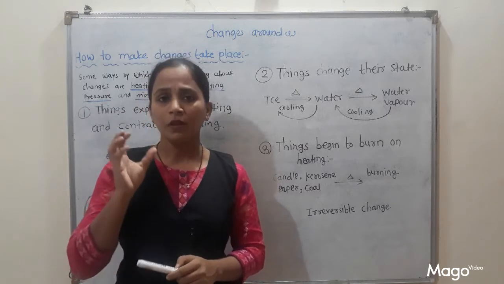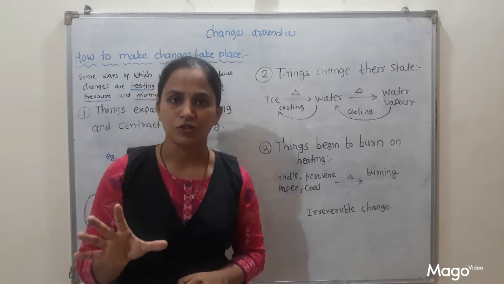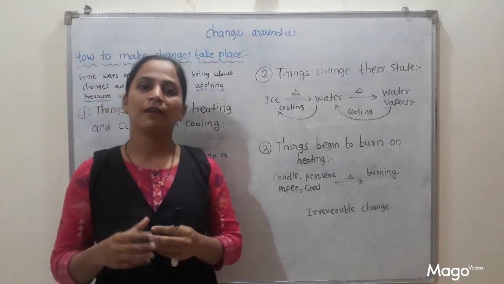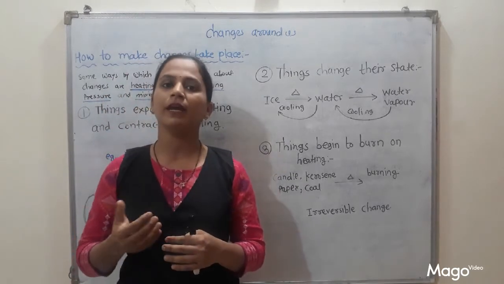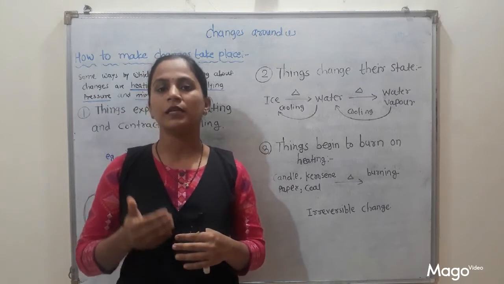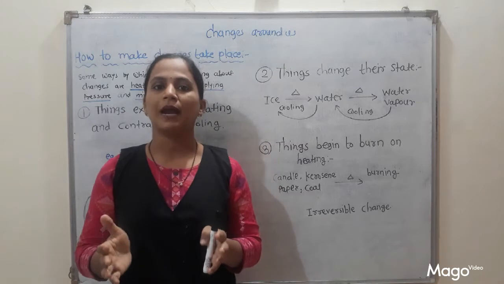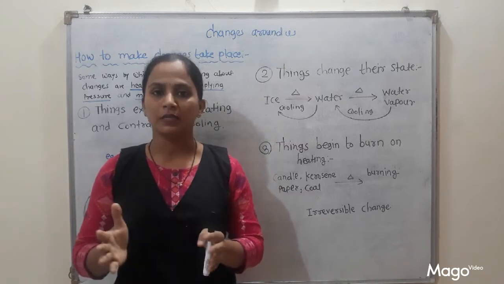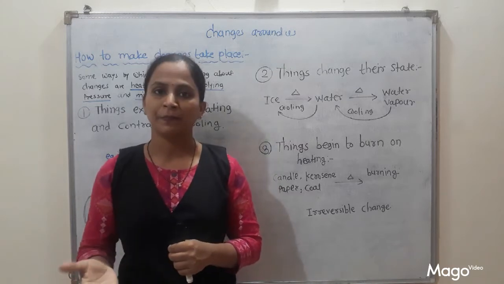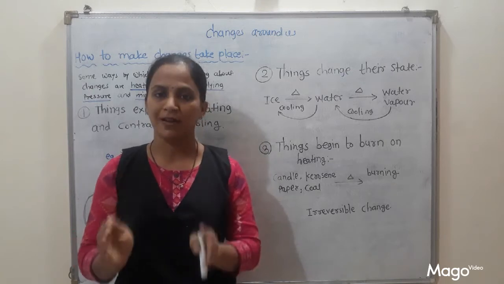Students, first understand what is meant by expansion. When we heat any object, its temperature increases. As its temperature increases, the size of that object also increases. That increase in size is called expansion.